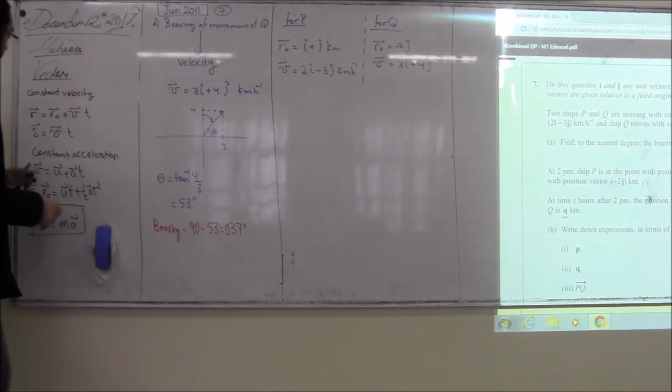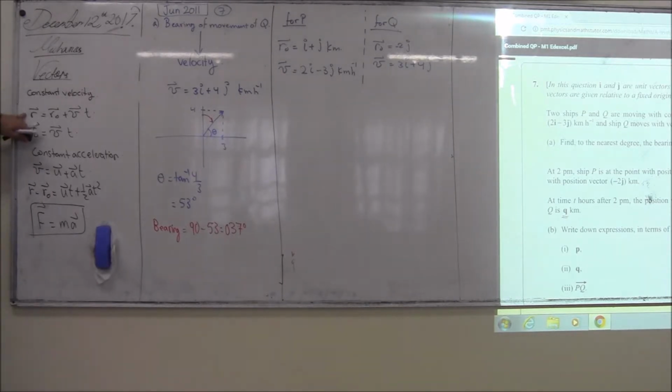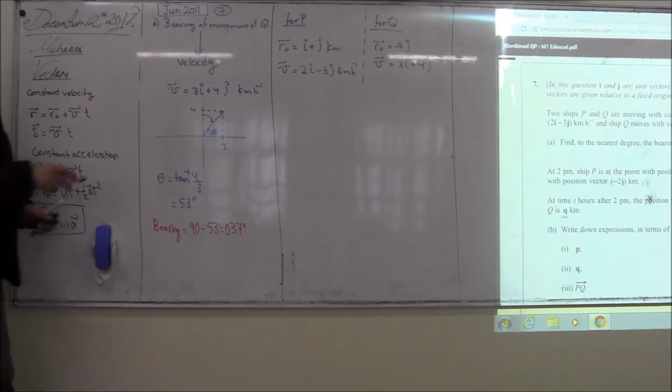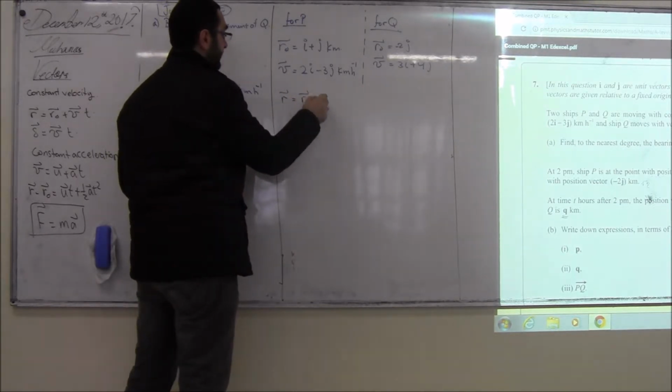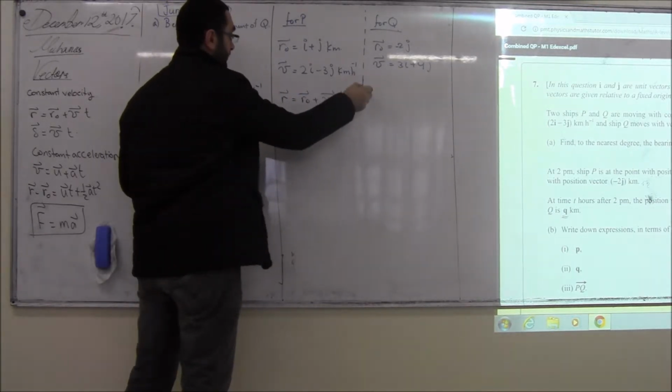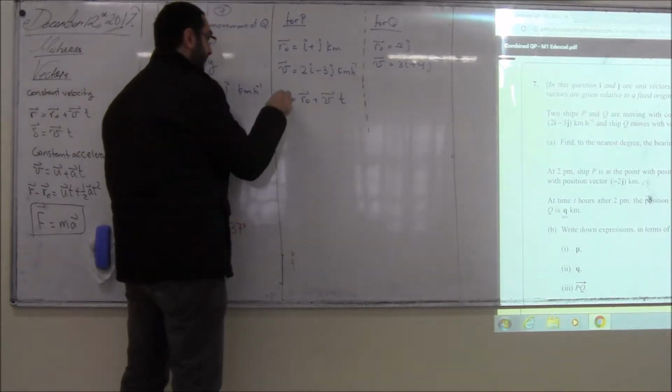Well, since they are moving at constant velocity, I have to use this equation: r equals r naught plus vt. Pay attention please to my substitution, girls.